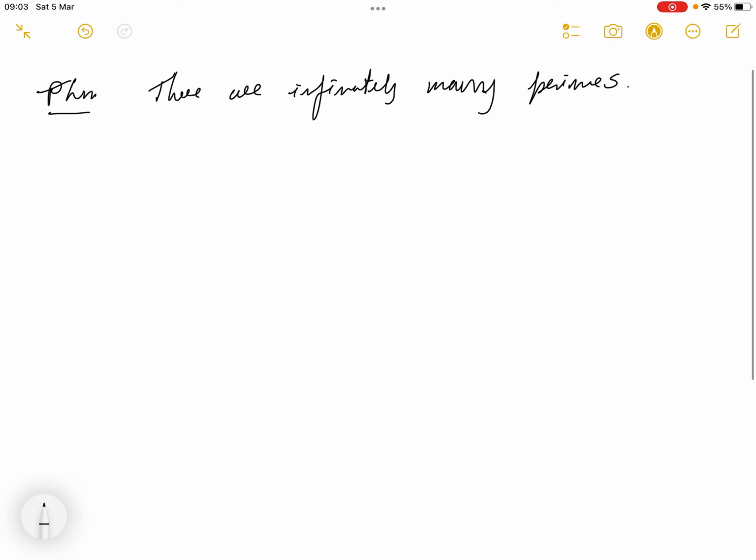So how would you prove that there are infinitely many primes? In fact, because of the definition for primes, what does it mean for there to be infinitely many primes?